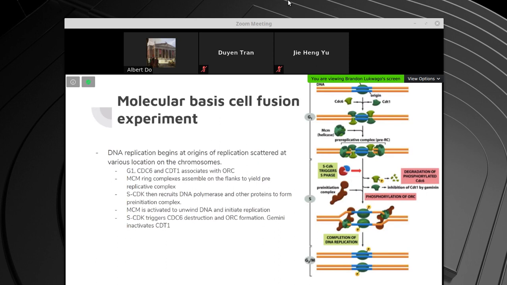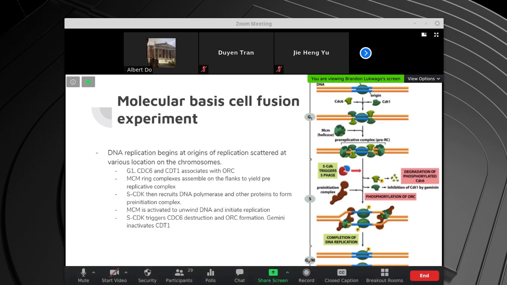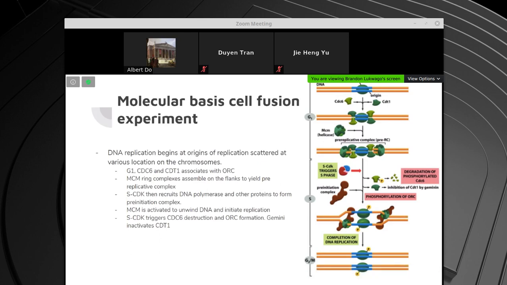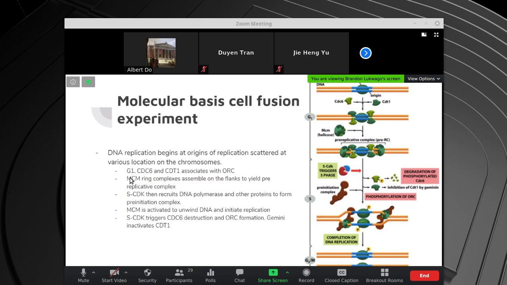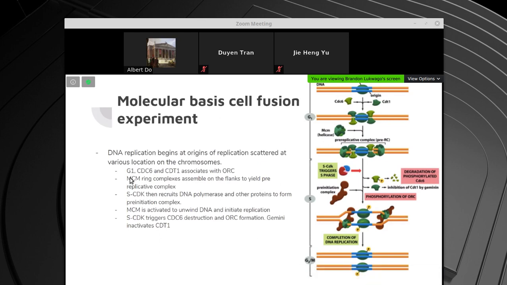Then, in the second stage, the MCM helicase ring complex assembles on the flanks to yield the pre-replicative complex. Then S-CDK recruits the DNA polymerase and other proteins to form the pre-initiation complex.